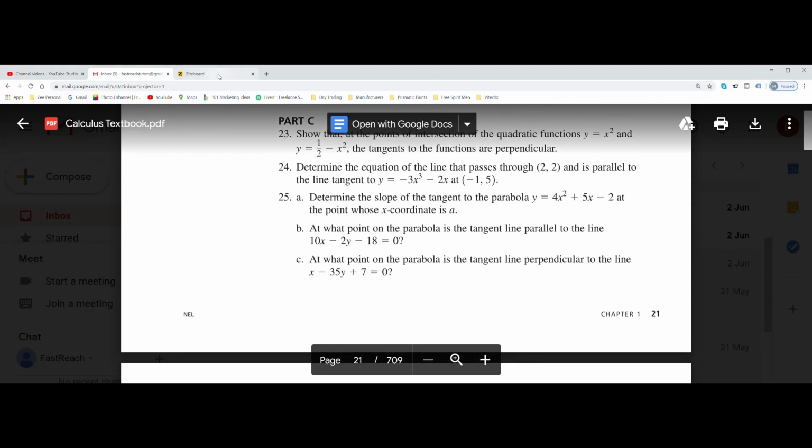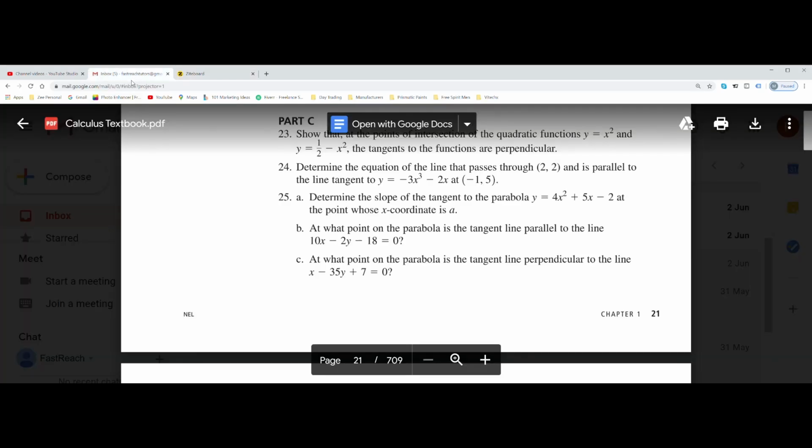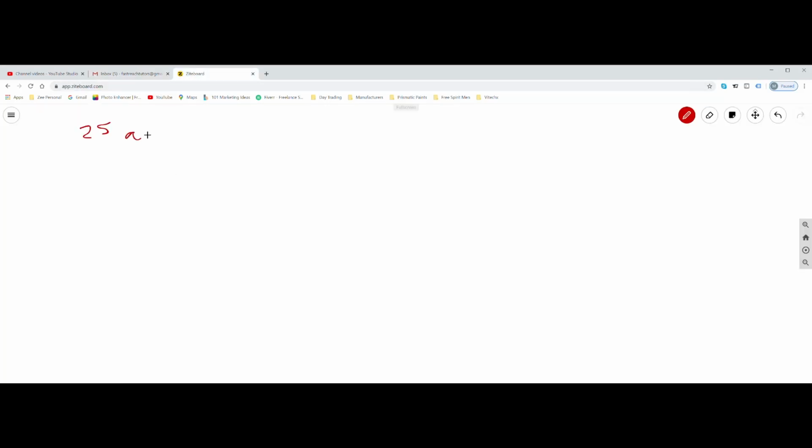Now let's look at 25. So 25, there's A and B and C. Okay, so let's do A. So y equals 4x squared plus 5x minus 2.